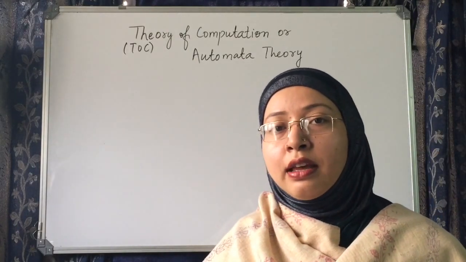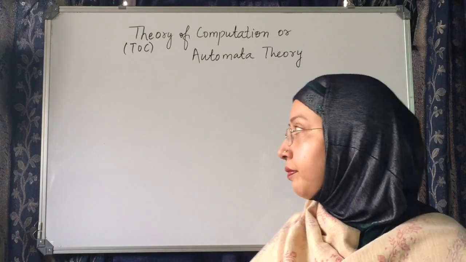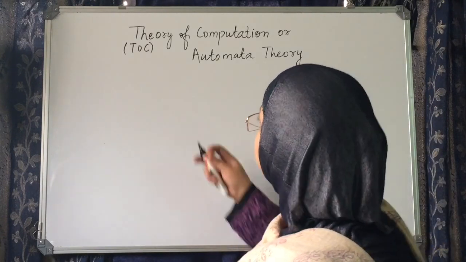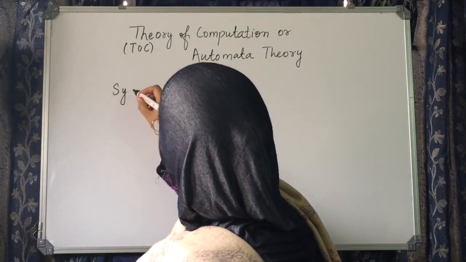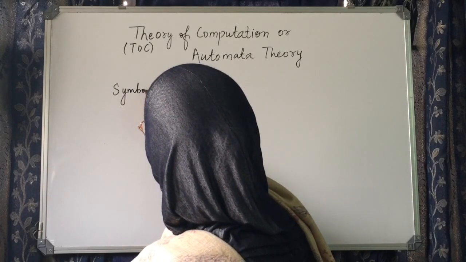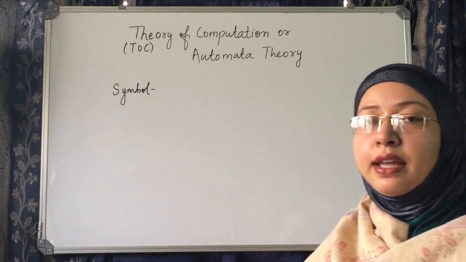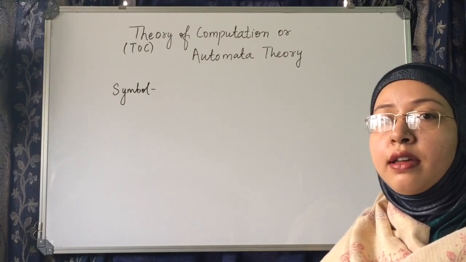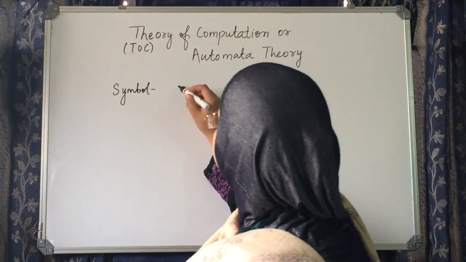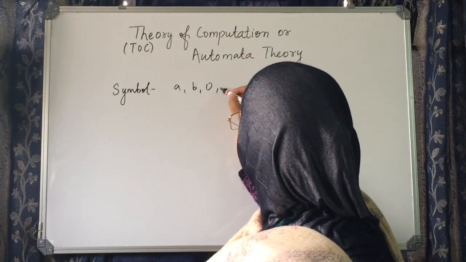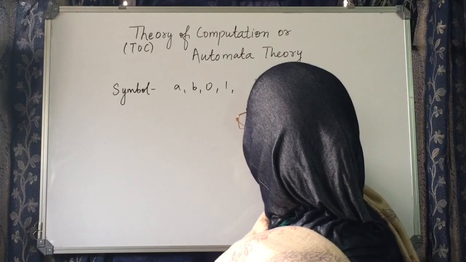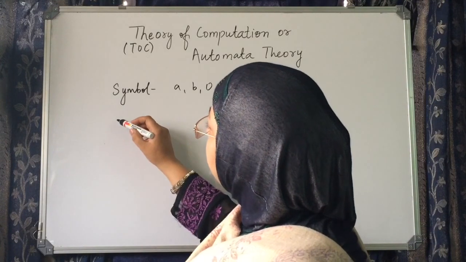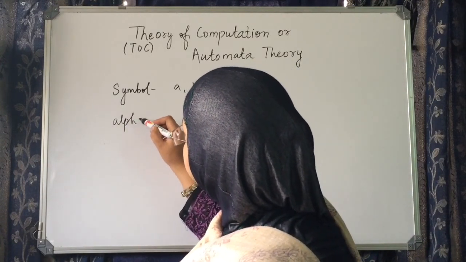The very basic thing about this is: what is a symbol? A symbol can be anything, like A, B, 0, 1, and so on. And the next thing is alphabet.